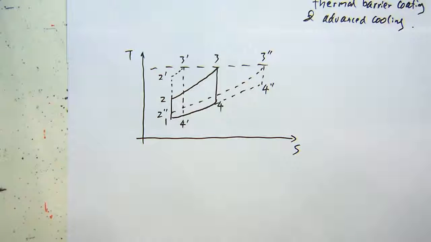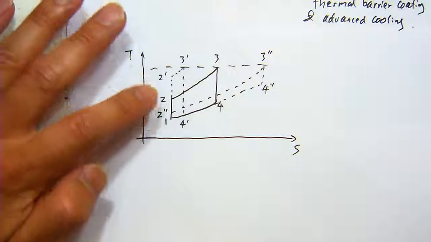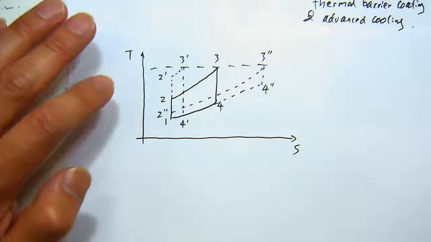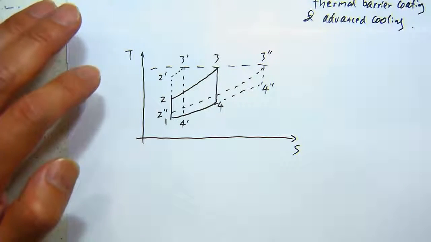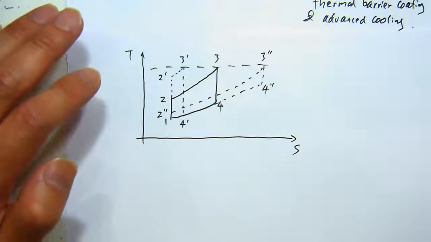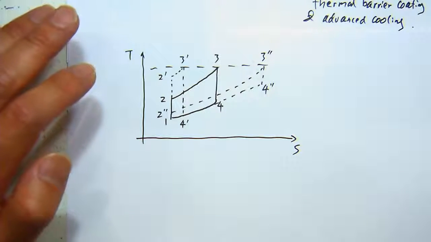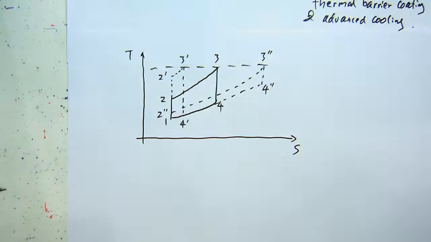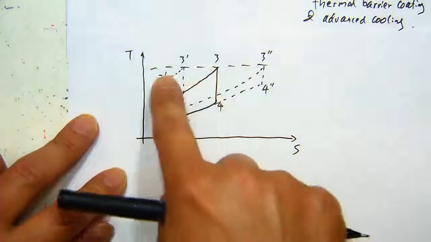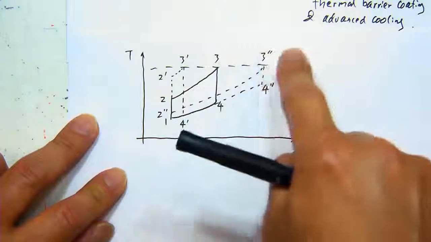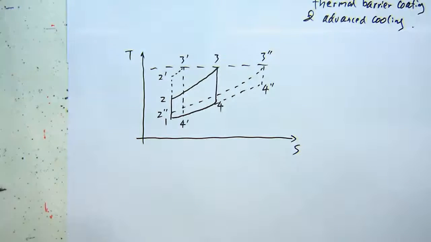If I ask you which case has the highest pressure ratio? Single prime, no prime, double? And the reason?